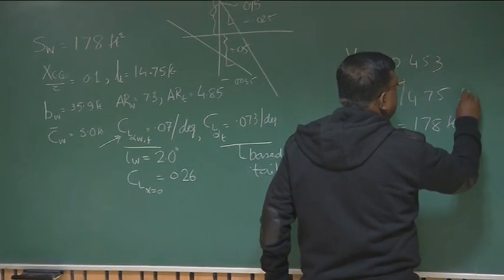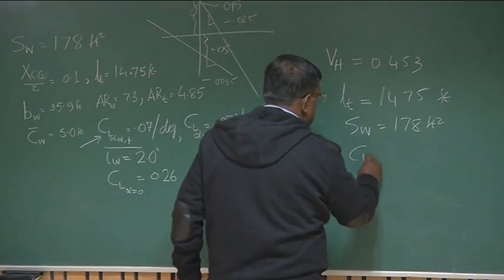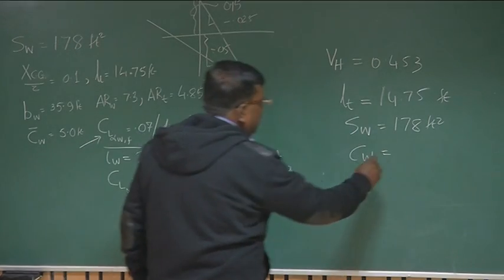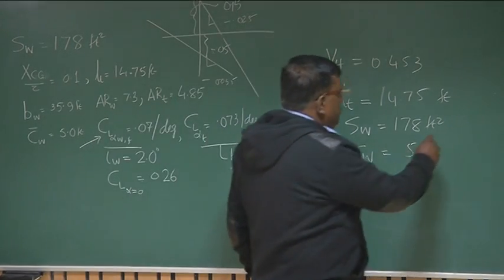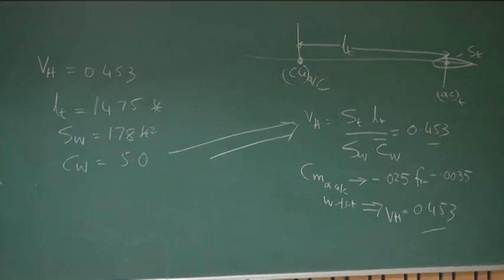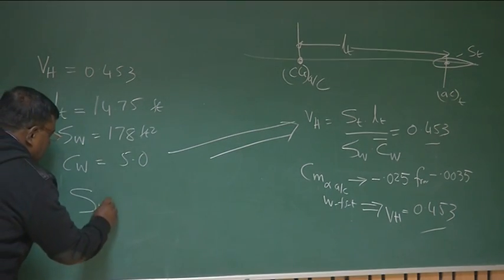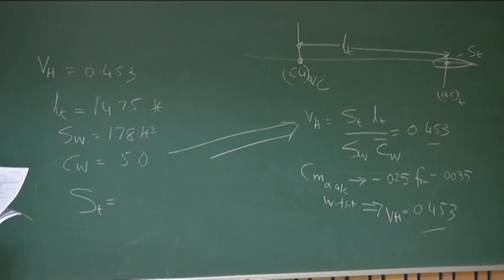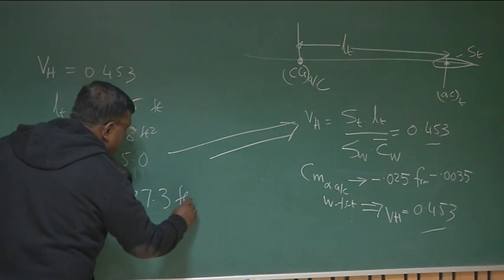Sorry for using feet units. And CW is equal to 5. So what I can do, I can use this relationship VH equal to ST-LT by SW-CW and get the value of ST. And if you do that, you will get the value of ST as 27.3 feet square.